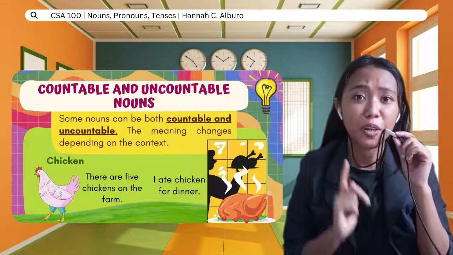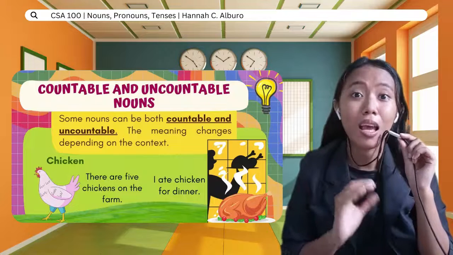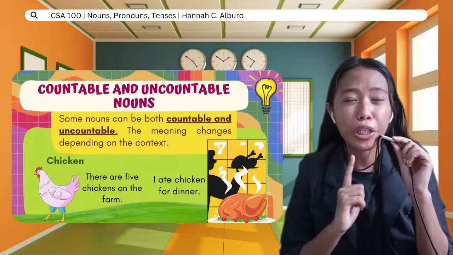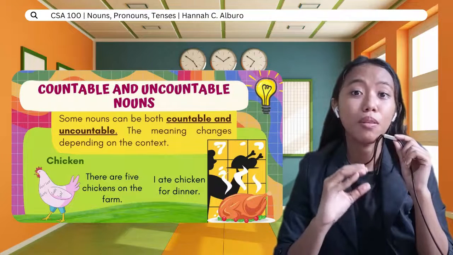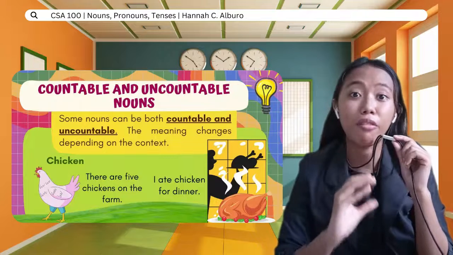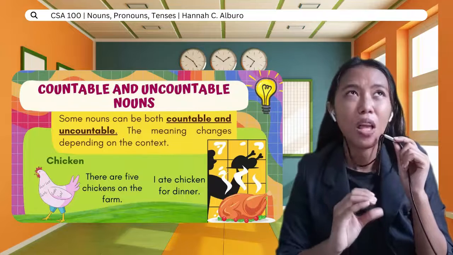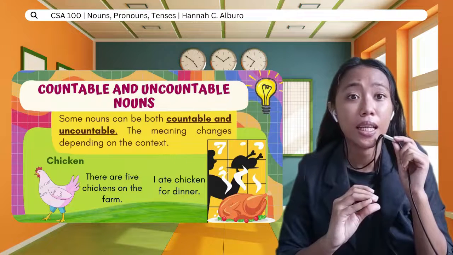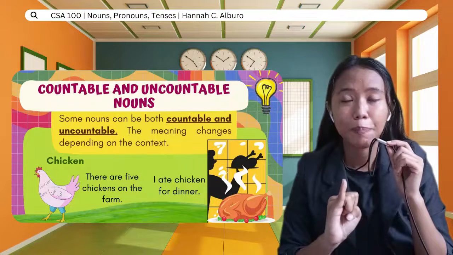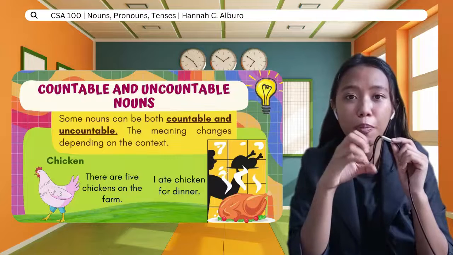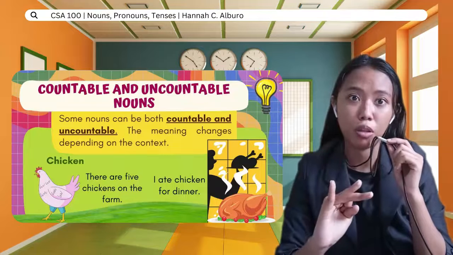Okay, now, going back to the word food. I said earlier that chicken is an uncountable noun because it functions as a food. Now, for the word food itself. The word food is still an uncountable noun because it is a collective noun in which individual examples can be counted. So, let's say meat. So, under food, 'di ba, we have meat, fruits, then we have vegetables.